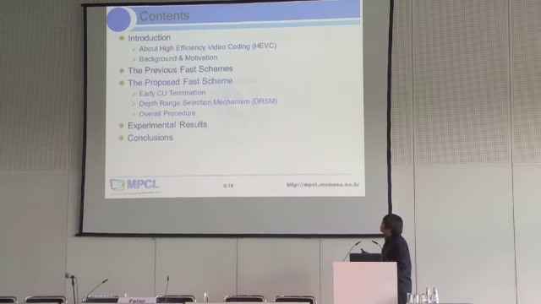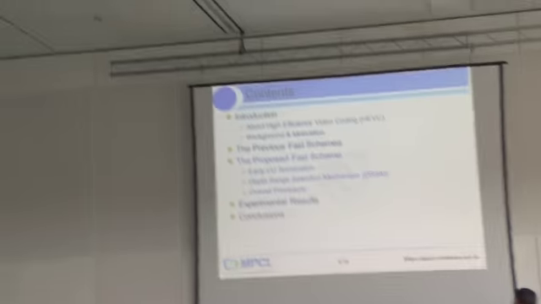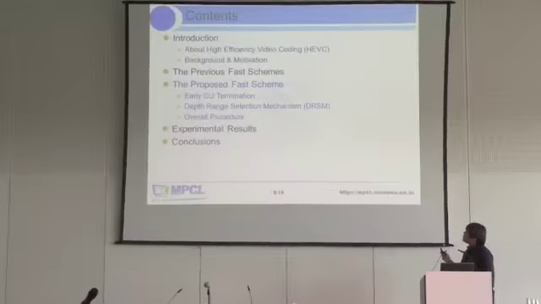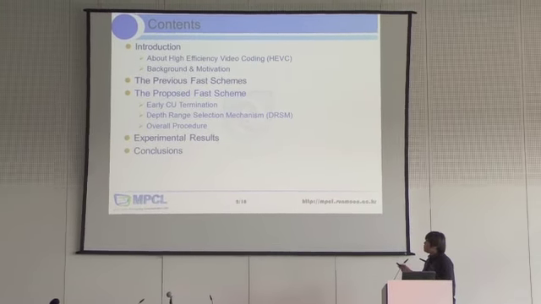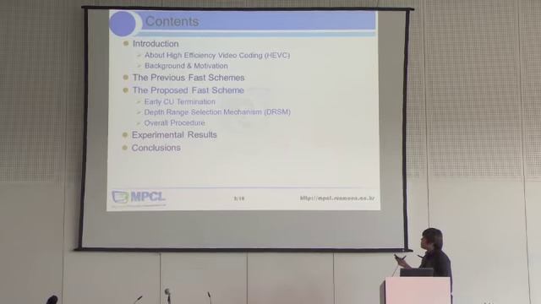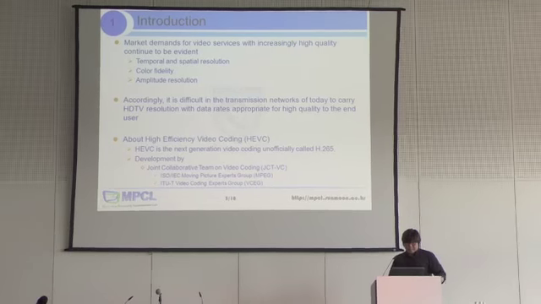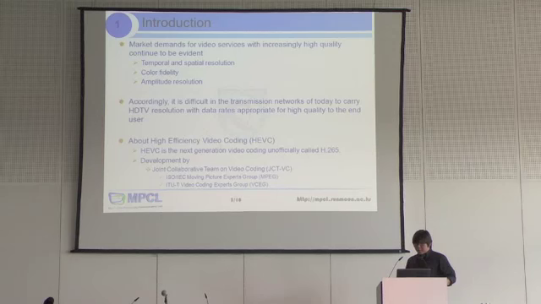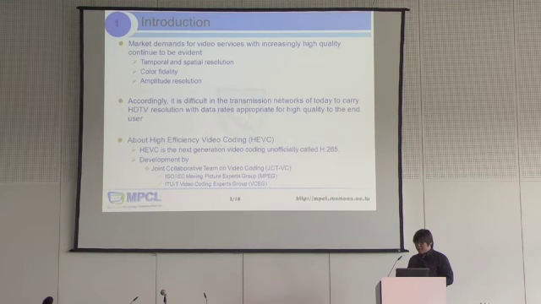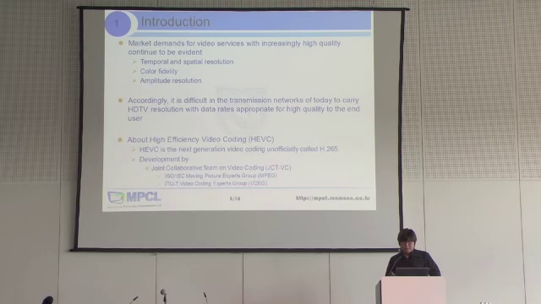I will briefly introduce the previous best scheme, followed by the proposed best scheme, and then the experimental results and conclusions. Market demands for video services with increasingly high quality continue to be evident.